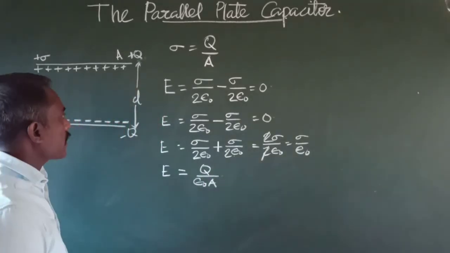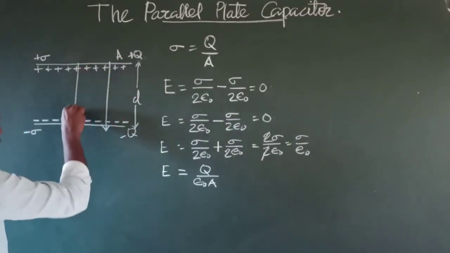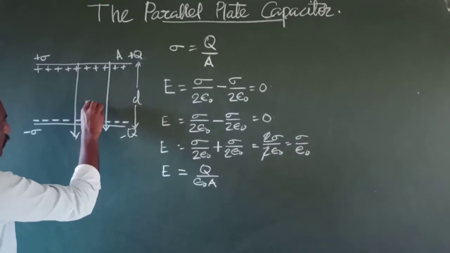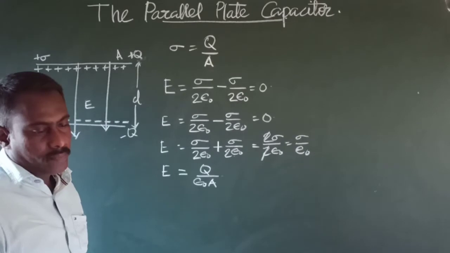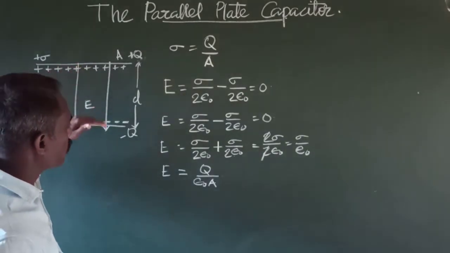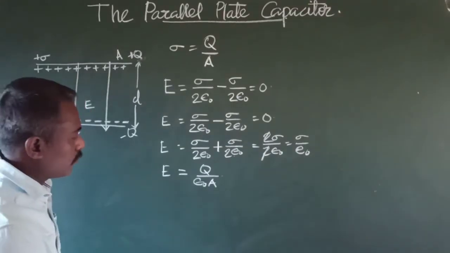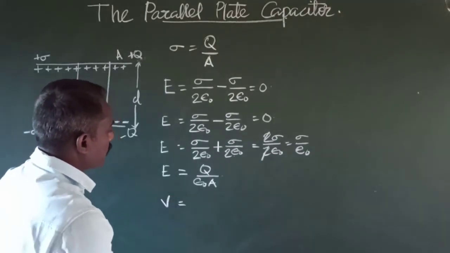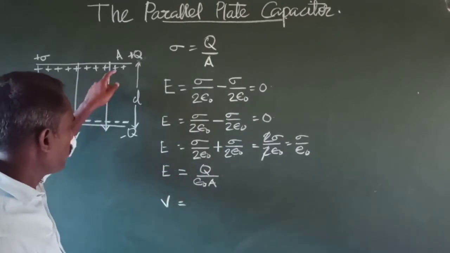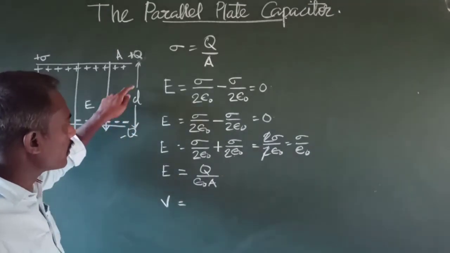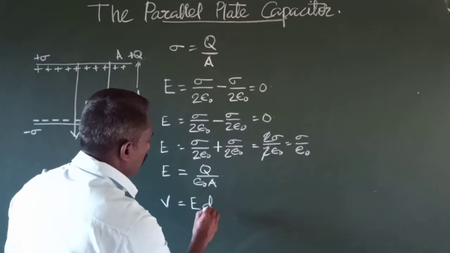What will be the direction of the electric field? The direction of the electric field will be from the positive charge to the negative charge. And what will be the potential difference between these two plates 1 and 2? If V is the potential difference, it is the electric field produced by the two plates times the distance separating them, V is equal to E times d.